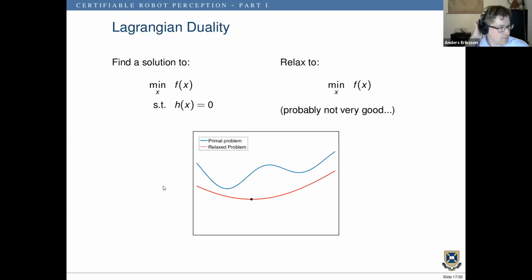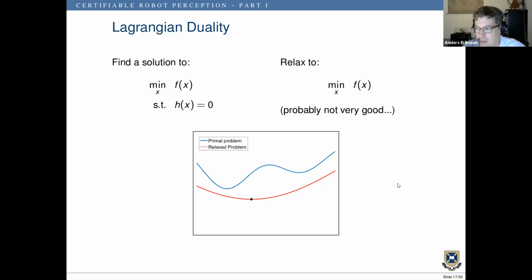So let's say we have the following situation. This is an attempt to illustrate the problem, where the blue curve is supposed to represent our primal problem, and the red curve is supposed to represent the relaxed problem, the problem on the right. Now, this notation isn't entirely technically correct, since our primal problem involves constraints, and for the blue curve there are no constraints involved.